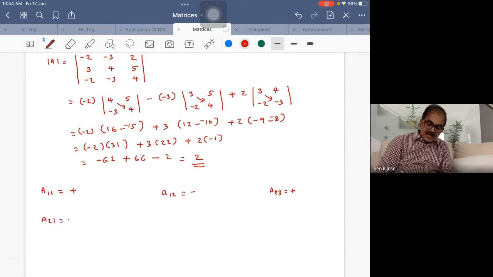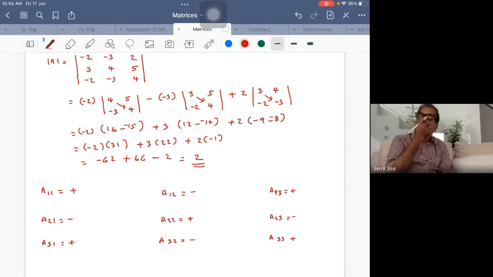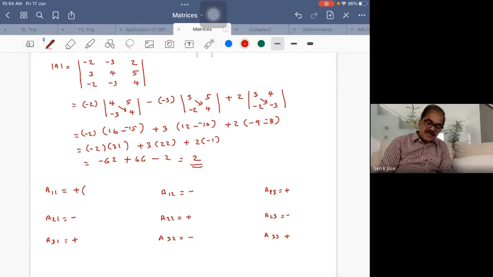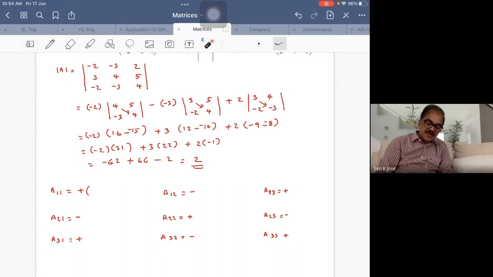A21 will be minus, because I ended with plus, now it should be minus. Then A22 should be plus of. Then A23 should be minus of. A31 will be plus of. A32 will be minus of. And A33 will be plus of. And I put the values into this. I evaluate it, the minor for each of them.